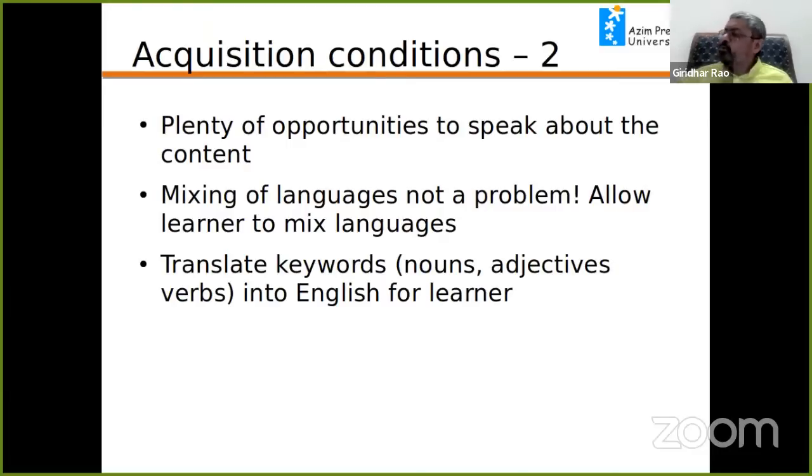Maybe keywords need to be translated, nouns, adjectives, verbs from English to Telugu, so that the action is clearer to the child about what is happening, about what it is called in English, how it is pronounced in English.